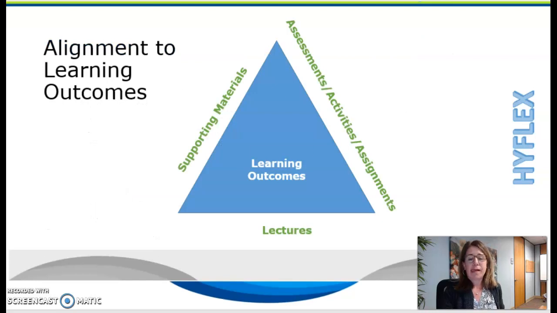All right. So the next thing to think about is aligning to learning outcomes. I did address this before, and we're going to be having some workshops to help you do this with your courses. Remember I talked about how, according to backward design, we start with a learning outcome, and then we design and align our materials, our lectures, our assessments, our activities. Everything gets aligned to those learning outcomes.